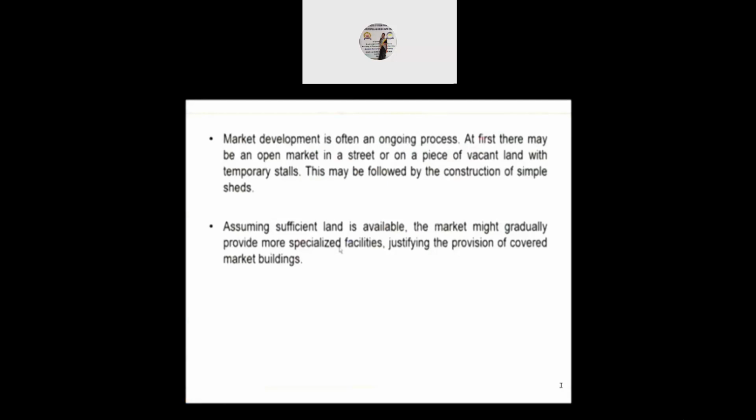Assuming sufficient land is available, the market might gradually provide more specialized facilities, justifying the provision of covered market buildings. As the market gets developed, there might be different classifications, or the market can be specialized to certain activities.